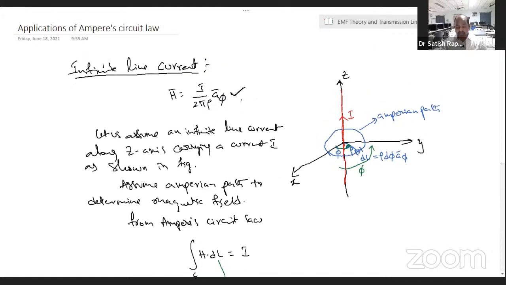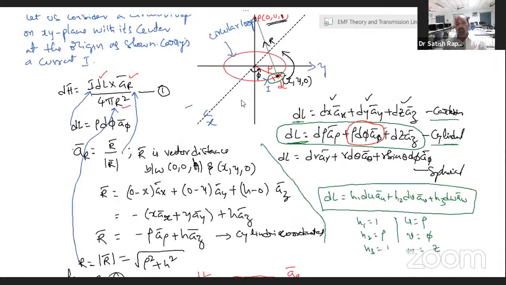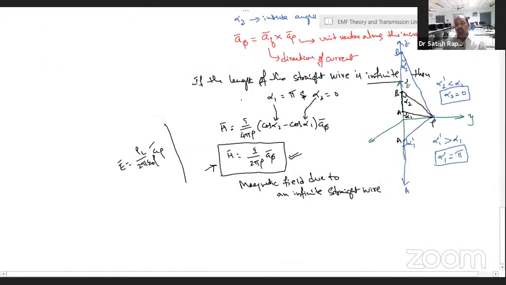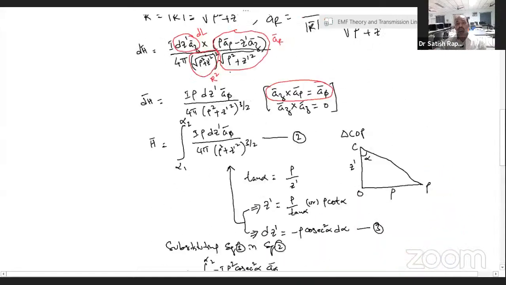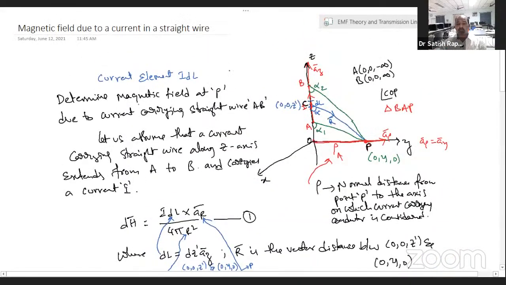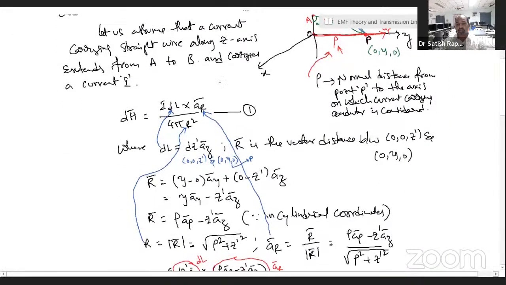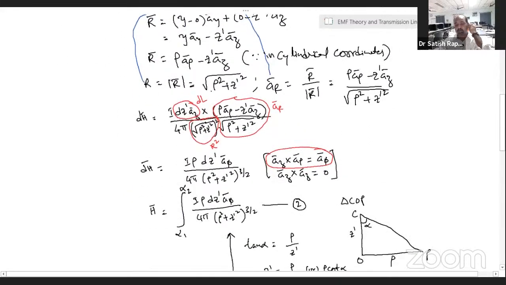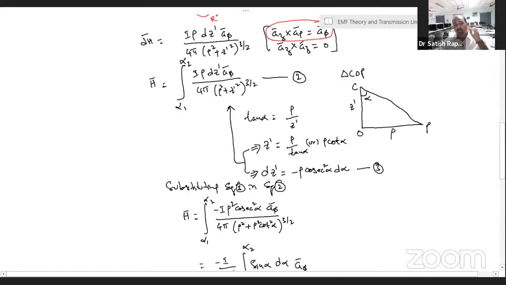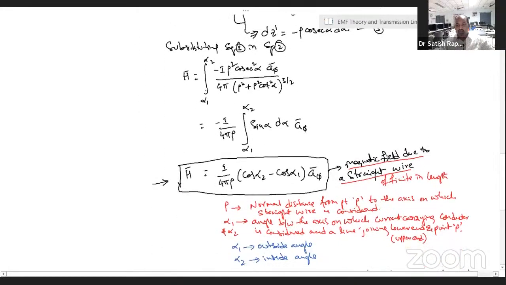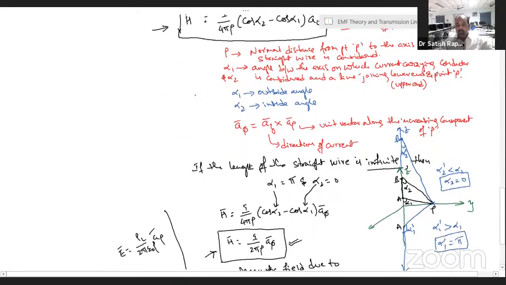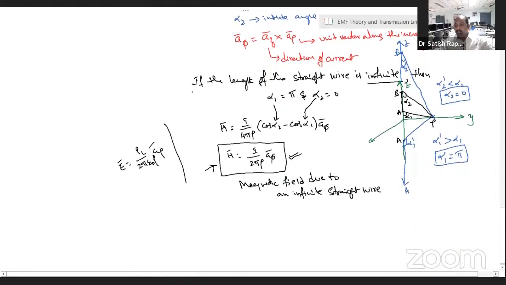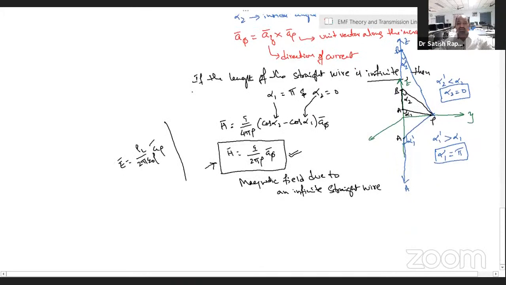Using Biot-Savart's law, as we saw earlier, I determined the magnetic field. See how lengthy the procedure is here, with so many steps. After so many steps and following some assumptions, you finally get this equation.